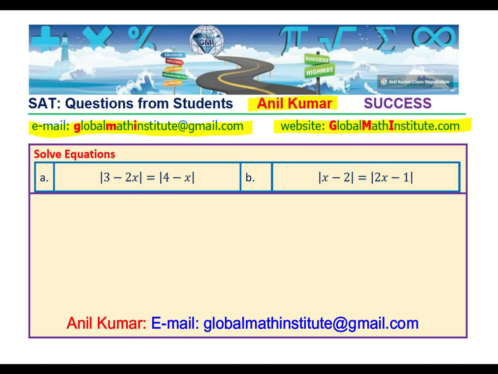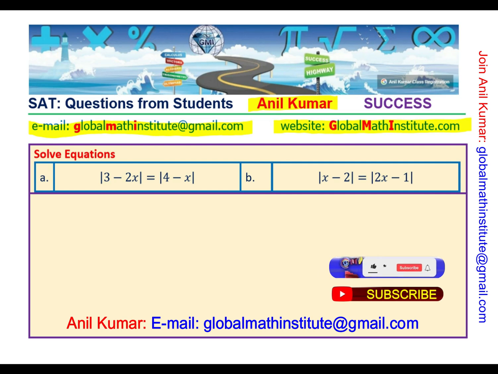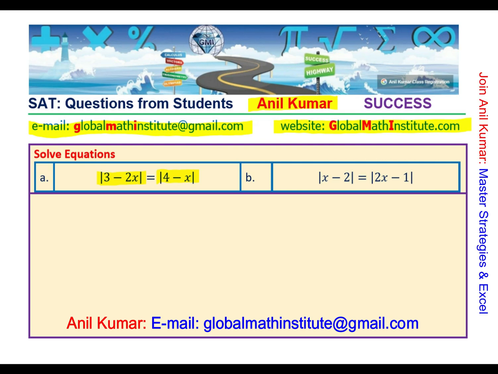Let's begin with the solution of the equation given to us. Absolute value of 3 minus 2x equals absolute value of 4 minus x. Let us discuss different strategies to solve these equations. Common strategy is to rewrite the equations as piecewise functions, right?